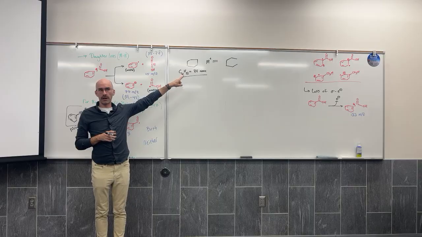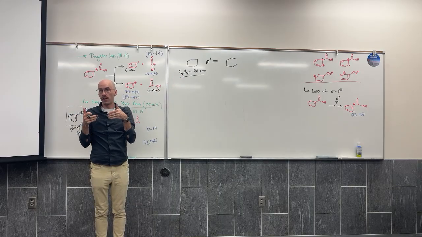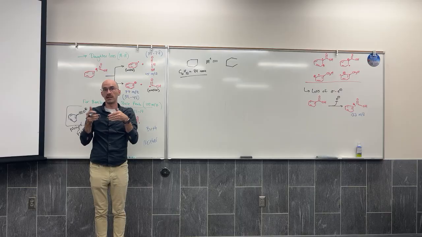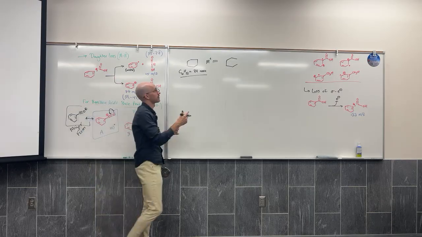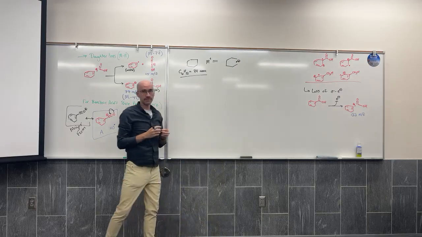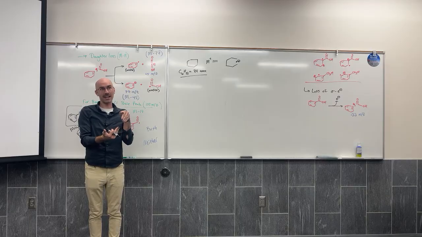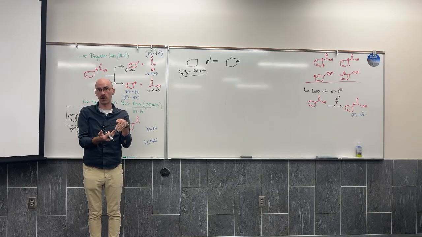So I redraw my ring, except I don't show one of the bonds, because one of those 2 electrons is going to be lost, and one of them will remain. So I have basically a ring, except I can't show a covalent bond between the last 2 carbons.